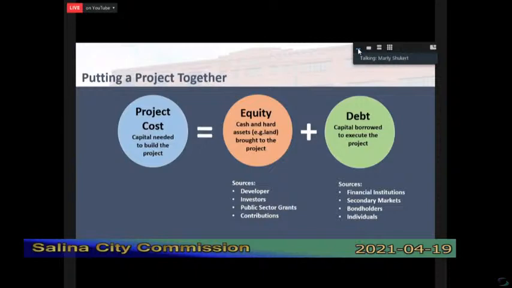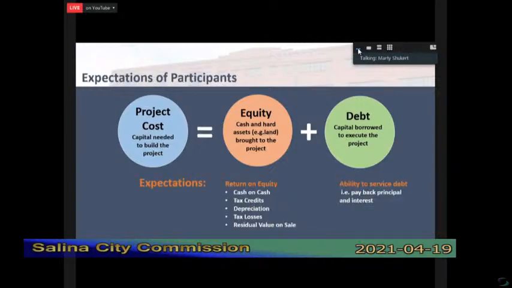So the most common element of that is by going to your parents and asking for a loan to buy a house. But individuals can also be financiers. So these different agencies of equity and debt all have expectations, and those expectations are in the next slide.